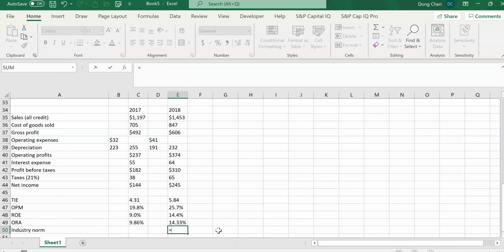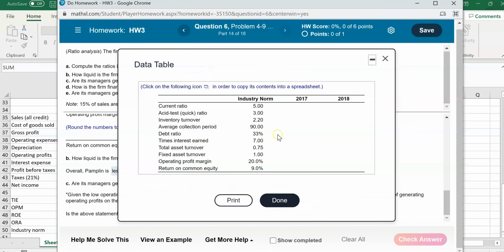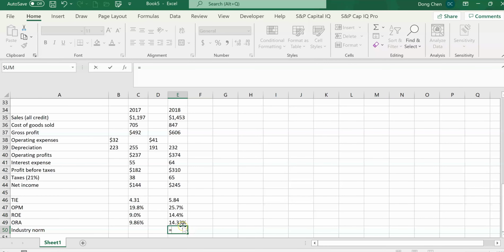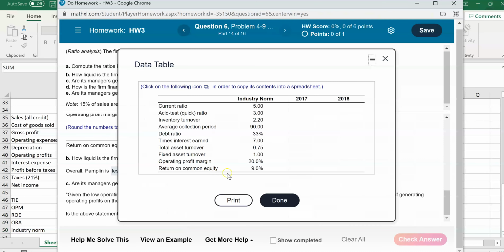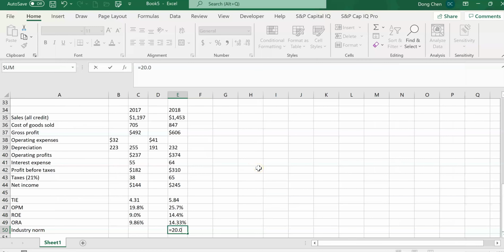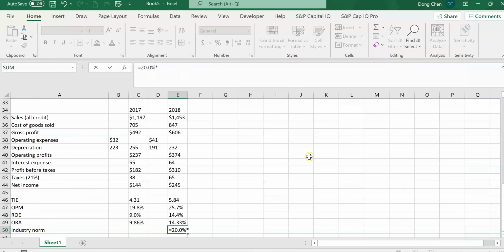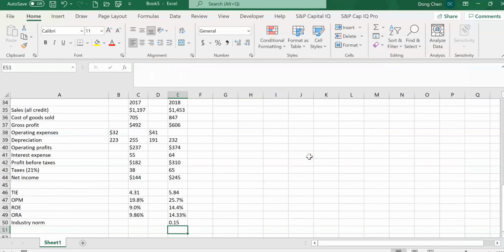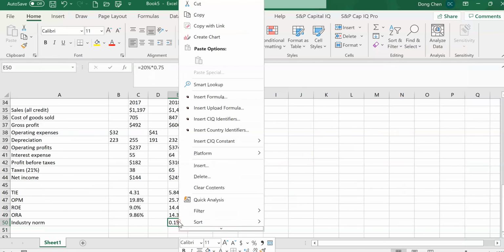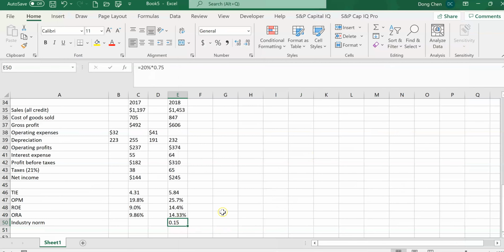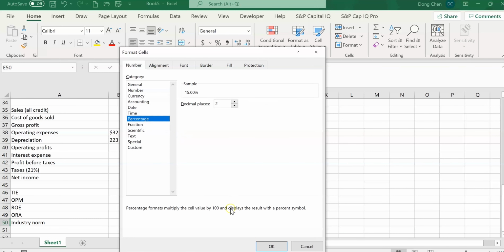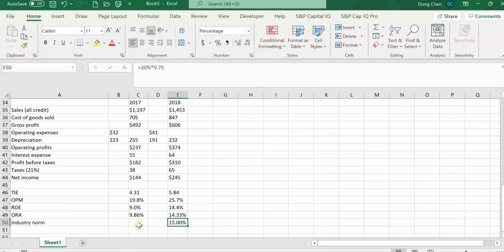It doesn't tell us the year, so I guess we can assume this applies to both years. Then we use the same percentage format as for this firm.